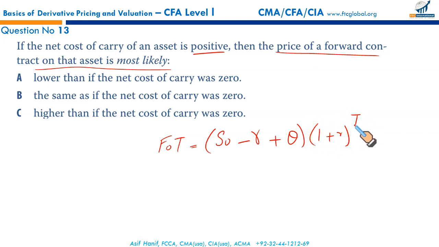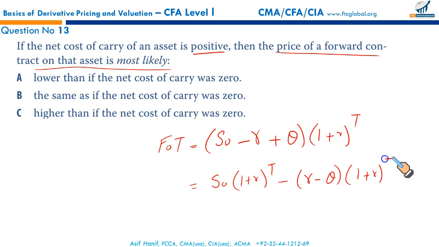Now, we have to rearrange this formula since it's talking about net cost. So the rearranged formula will be something like this: the spot times 1 plus R times T, minus benefit and cost times the compounding factor.